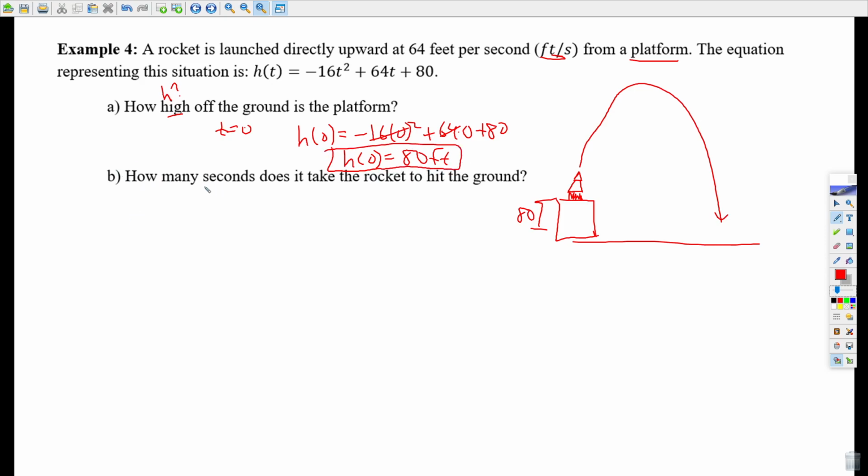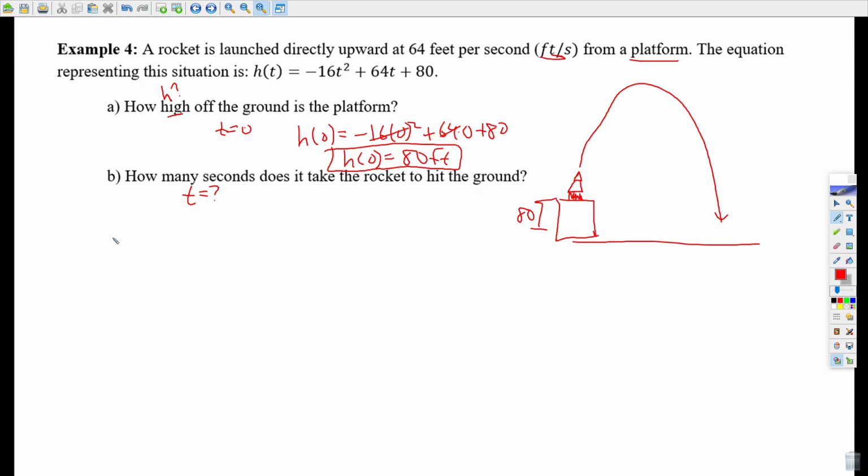All right, part B. How many seconds does it take the rocket to hit the ground? So if we shoot it up into the air and then we come back down, we'll see how long does it take to hit the ground. So we don't know the time, right? We don't know. But we know that the height at that point will be 0.